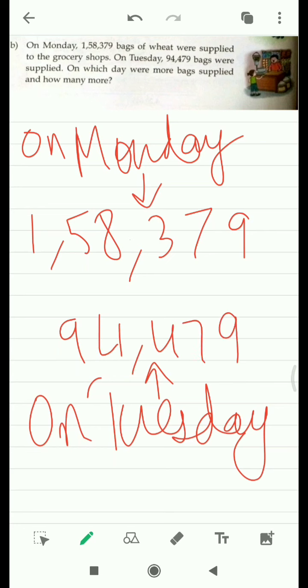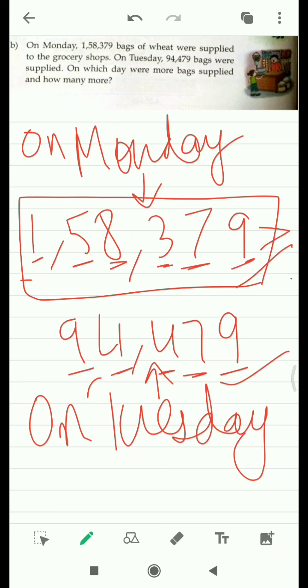You see, here are 6 digits, and here only 5 digits. It's very easy to detect that this one is more, right? So obviously the number containing 6 digits must be greater than that containing 5 digits. So the supply of wheat bags to the grocery shop was more on Monday.